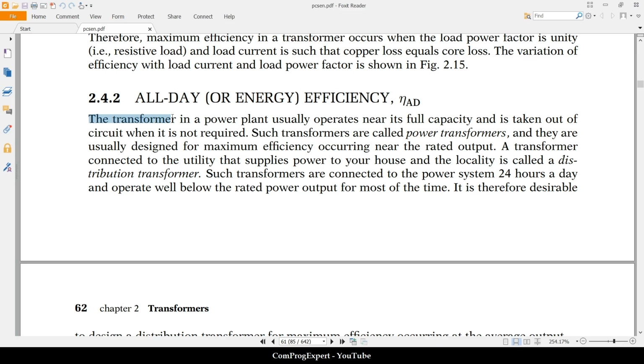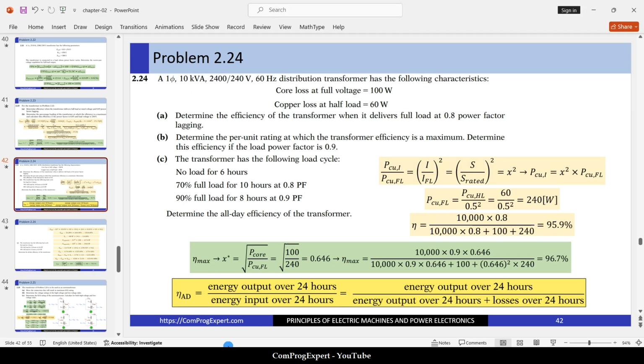The transformer in a power plant usually operates near its full load capacity and is taken out of circuit when it is not required. Such transformers are called power transformers, and they are usually designed for maximum efficiency occurring near the rated output.